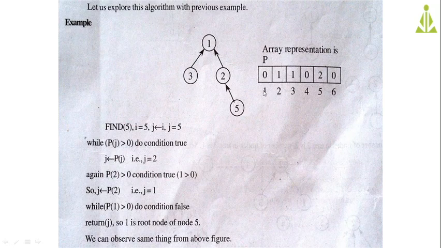If it is 0, then we can say the root node of this 5 is 1. Directly we can say the root node of 5 is 1. So this is about the find algorithm.